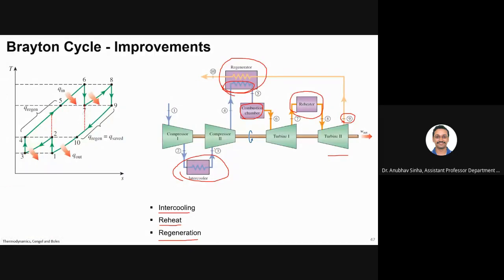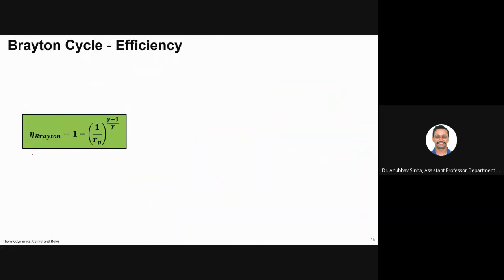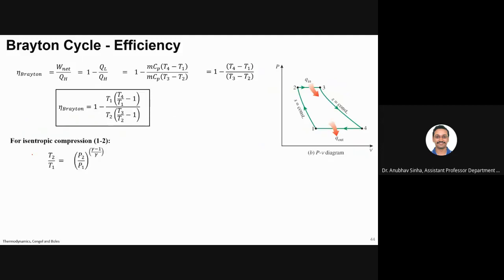So 1 to 2 is isentropic, right? And 2 to 3 will be constant pressure. You heat, you extract heat, and then you... sorry, let me go back to be clear here. That is constant pressure.